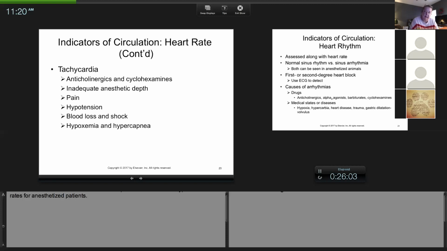You just can't ignore that, because if you turn up an animal that has low blood pressure, you're going to make the blood pressure worse. Inhalant anesthesia causes vasodilation, which causes low blood pressure. So that's not what you want to do at that point. Normally, if they have low blood pressure during anesthesia, I turn down anesthesia and I bolus fluids.